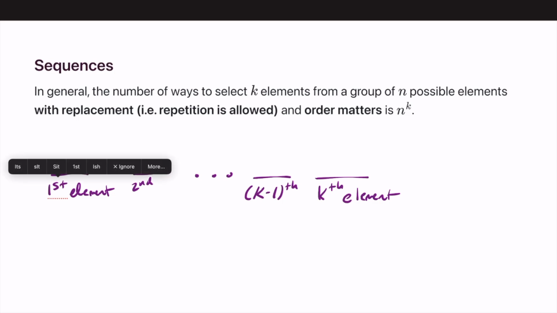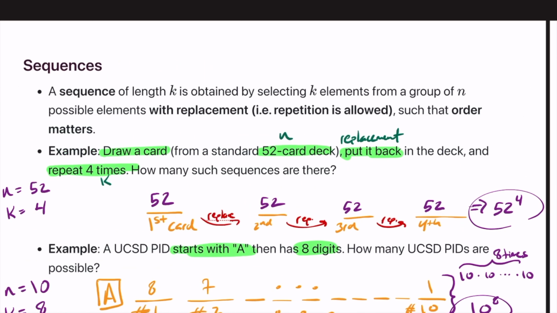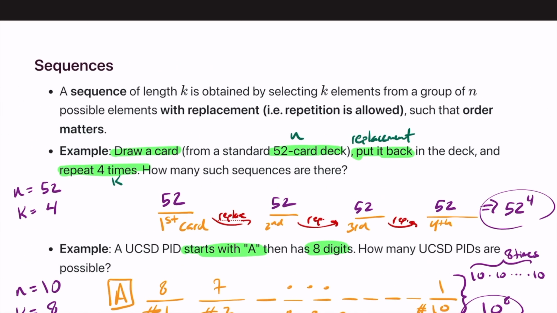So this winds up also having us put n up here, because we have n possible elements that we can draw from. So again, we have 4 elements, the deck of cards, and then from each element, we're selecting n possible items from that.